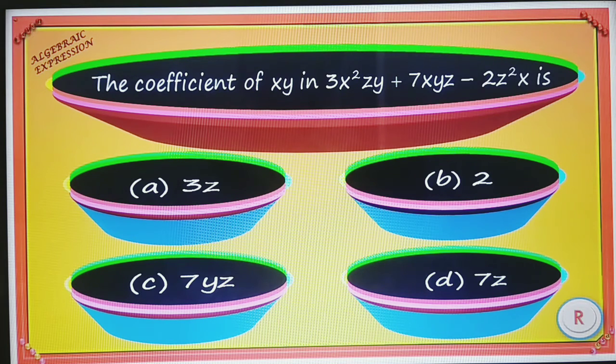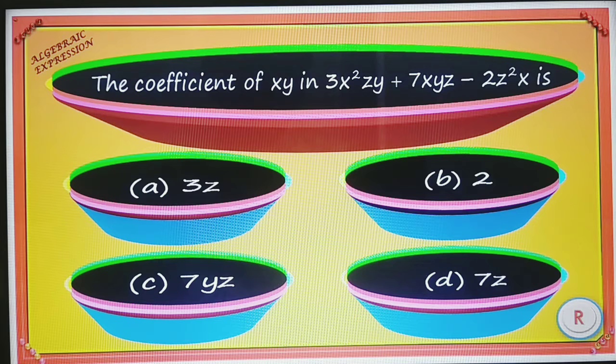Your options are: 3z, 2, 7yz and 7z. Which is the correct option?